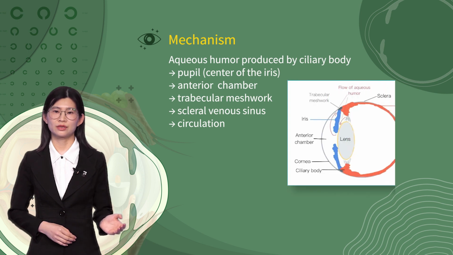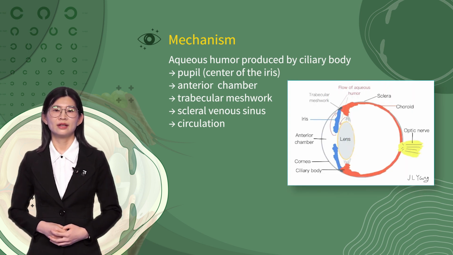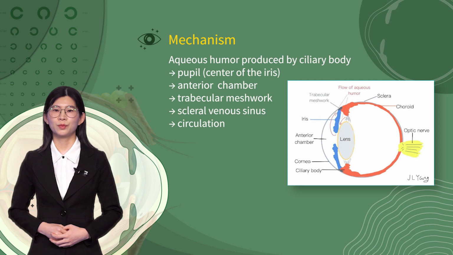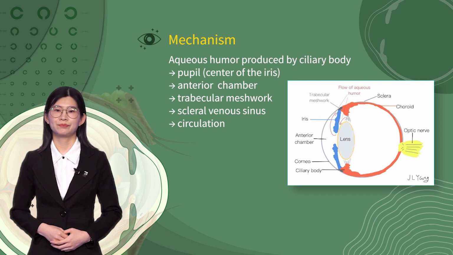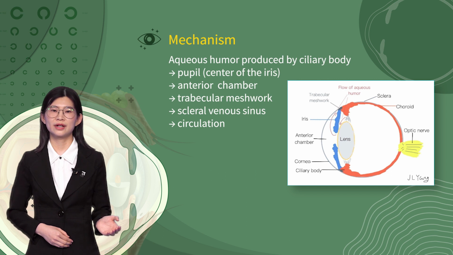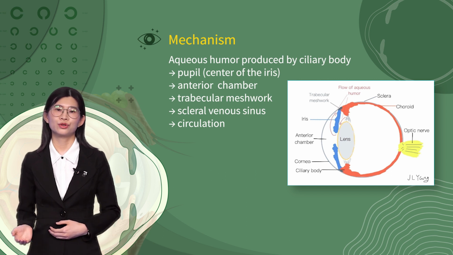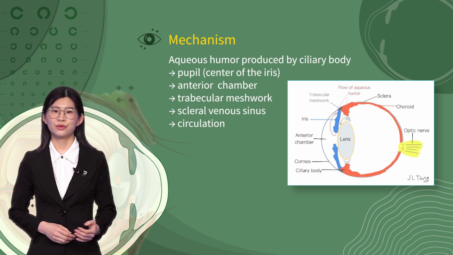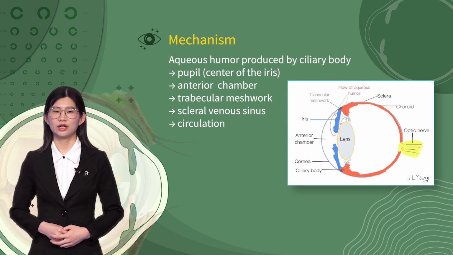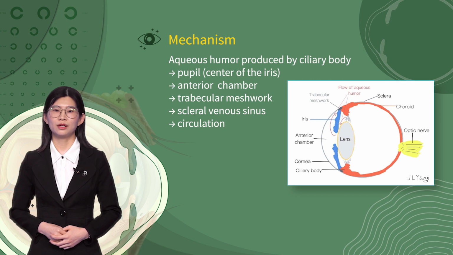From the red arrows in the picture, we can see that aqueous humor is initially produced by the ciliary body and passes through the pupil, anterior chamber and to the trabecular meshwork, then to the scleral venous sinus, and finally back to the blood circulation. The dynamic balance of aqueous humor production and drainage ensures normal IOP.